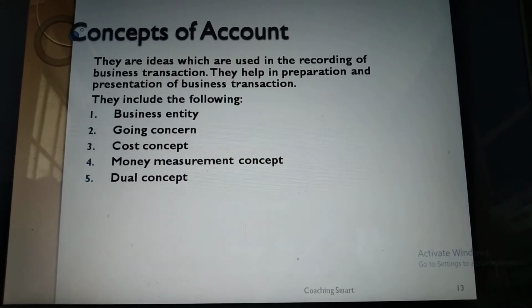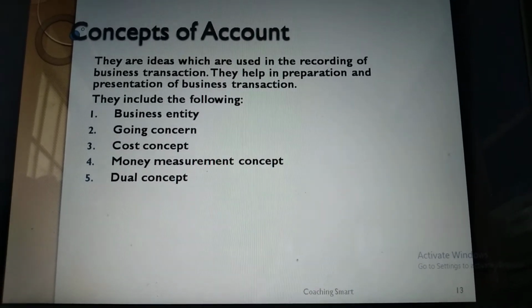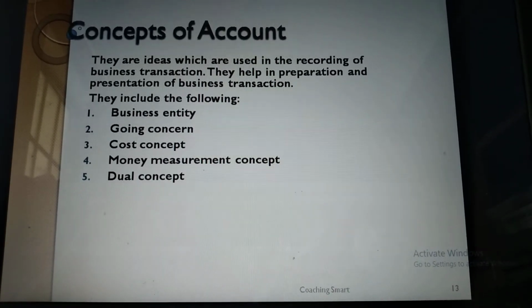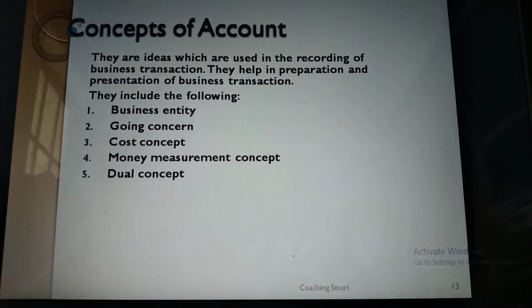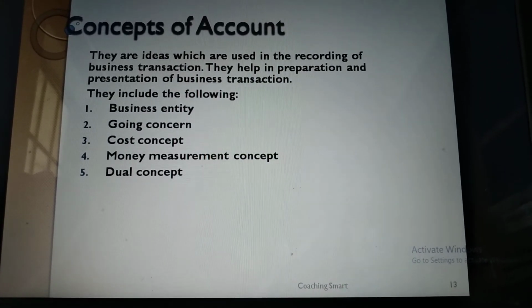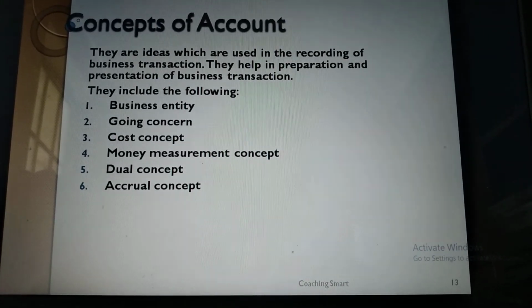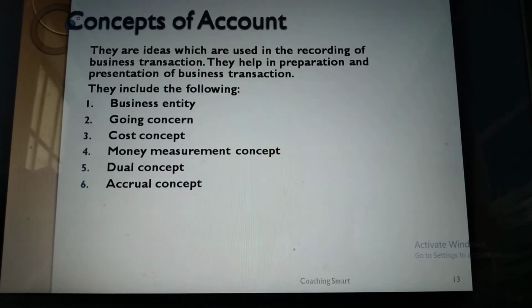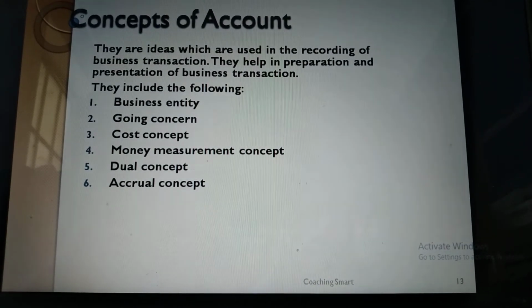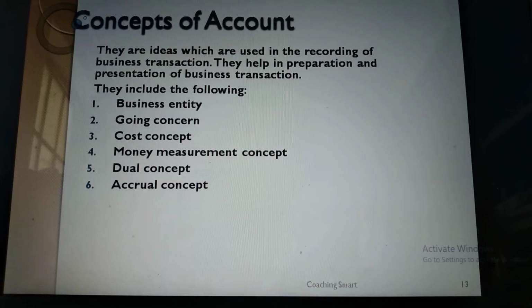It is a rule which was brought forth by an Italian mathematician by the name Lucas Pacioli in 1486. 6. Accrual concept. Under this concept, we say revenue is recognized whether money is received or not, whether money is paid or not.